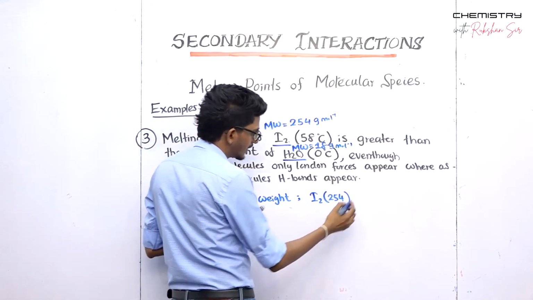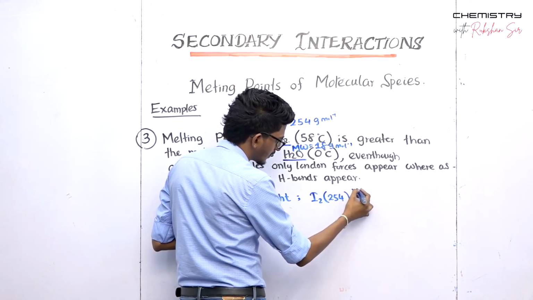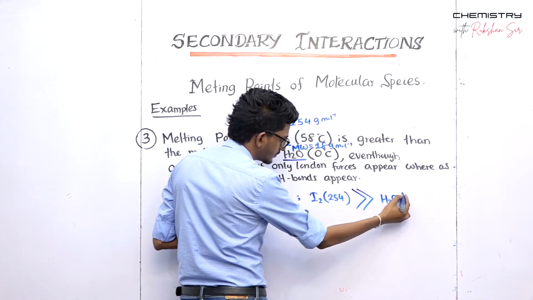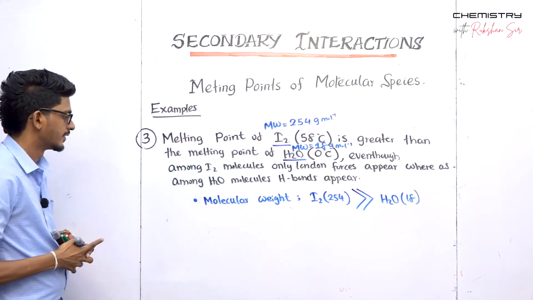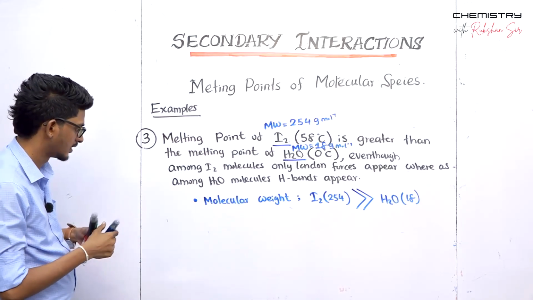That value is very, very much greater than that of H2O, which is 18 g mol^-1. Right? I2 molecules are very heavy.